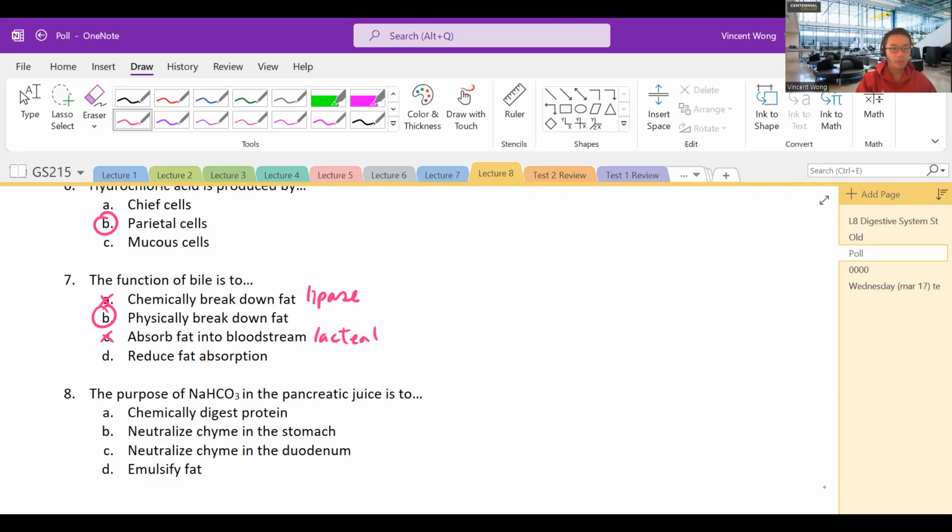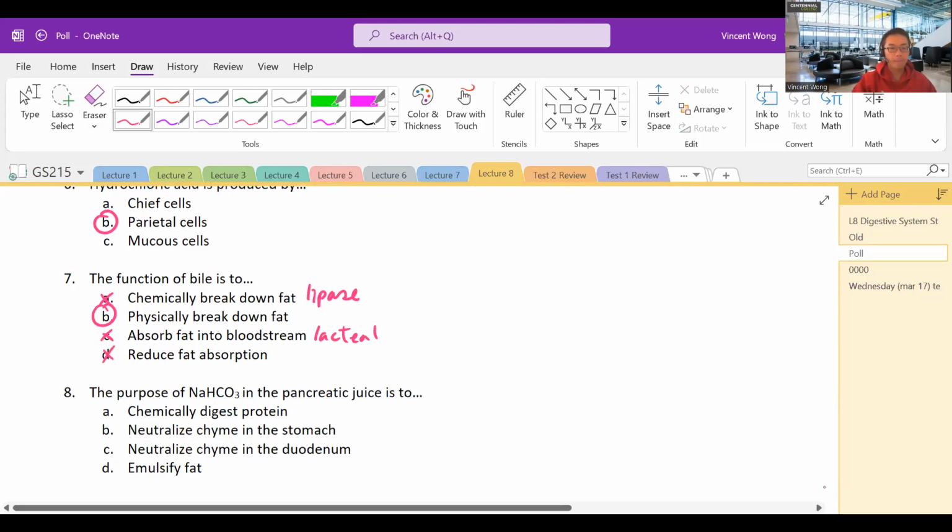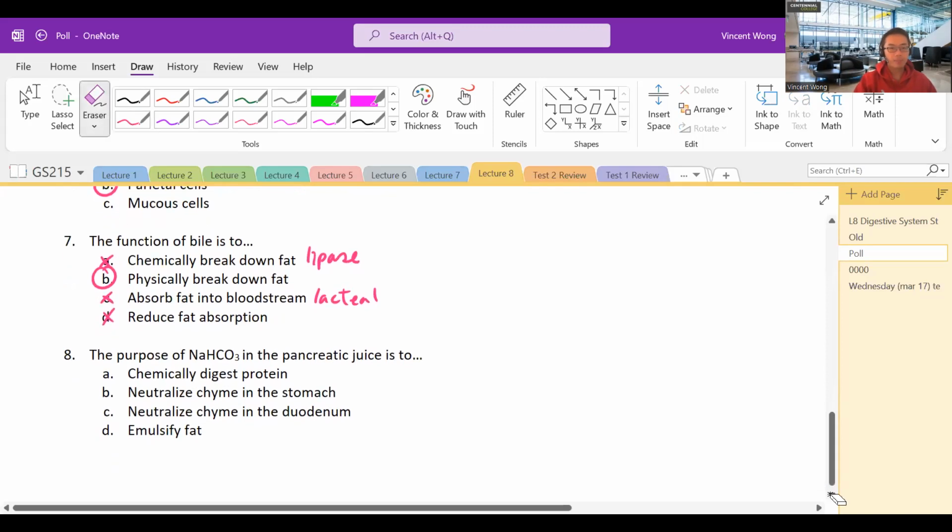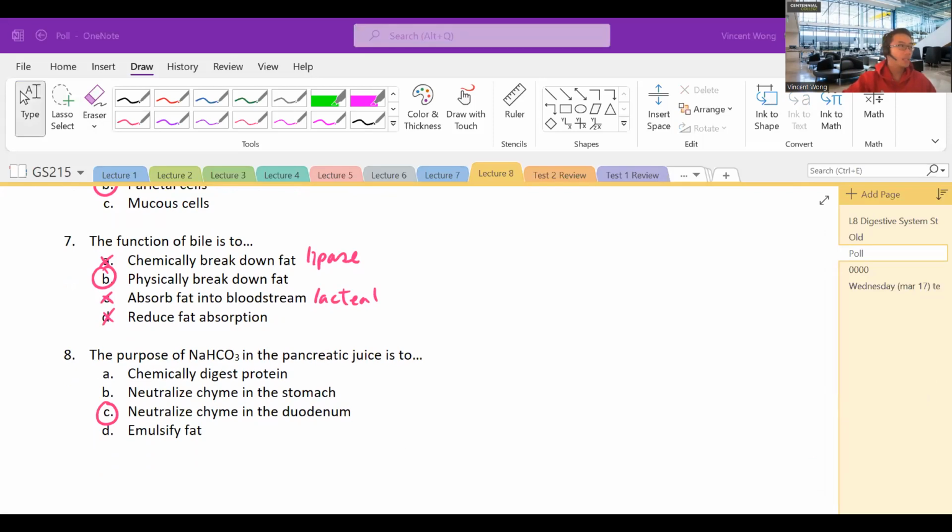And there's no such thing as reduced fat absorption. Last but not least, the purpose of sodium bicarbonate in pancreatic juice is to neutralize the chyme in the duodenum. Okay, so there is that.